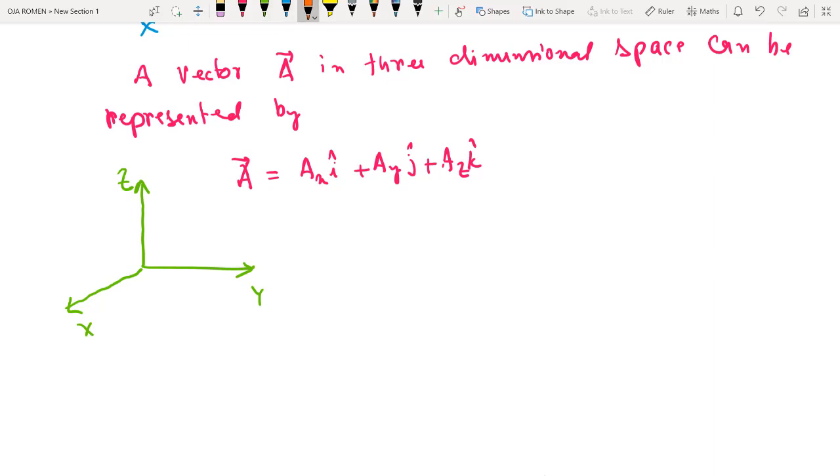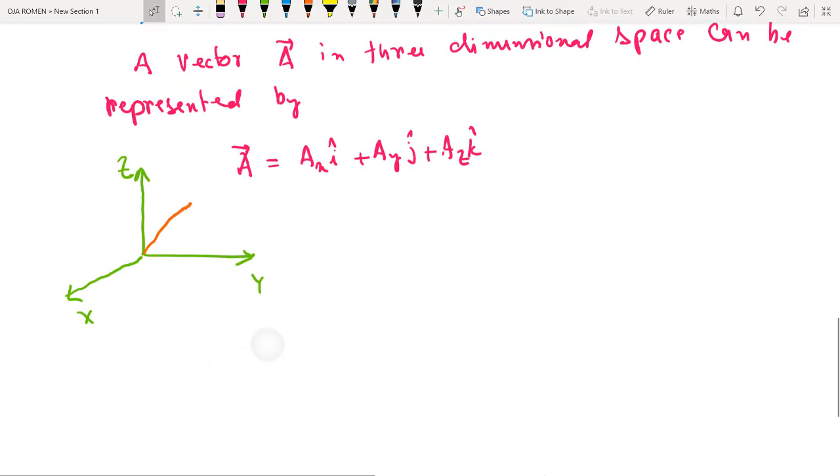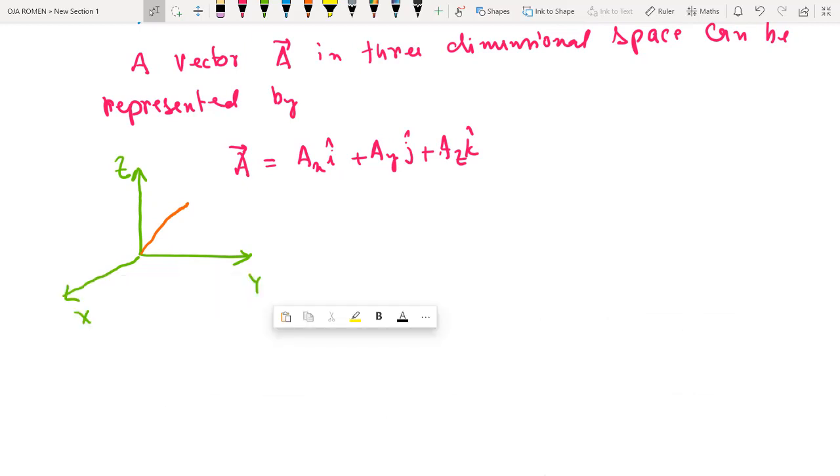Now we consider a vector A. This is a vector A. So i is unit vector along x-axis, j unit vector along y-axis, k is unit vector along z-axis.